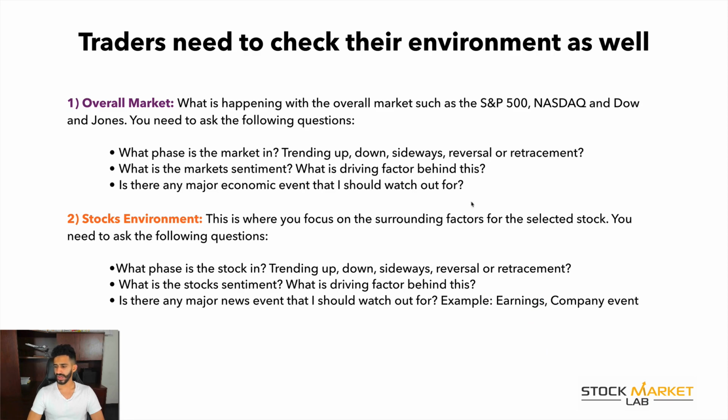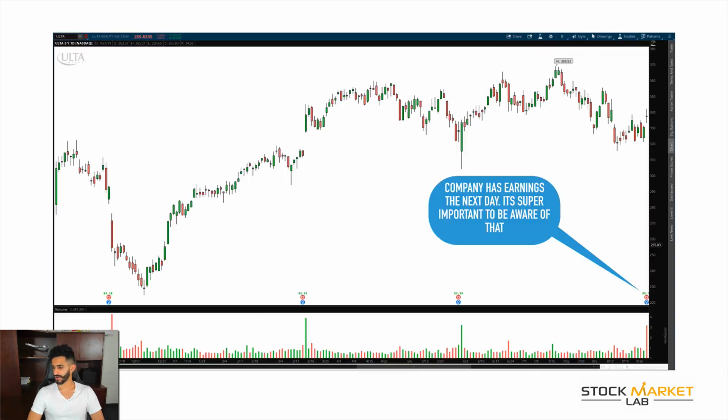Now, I'll give you guys some examples. If you look right here, we're looking at stock ULTA. Looking at this, person A might say, hey, I think I'm going to buy this stock, or short, whatever the case is. I might buy it because of factor ABC. Now, what person A is ignoring is that the company has earnings the next day, right?